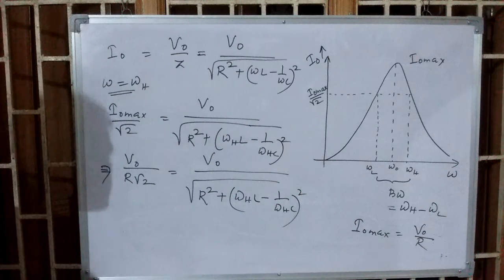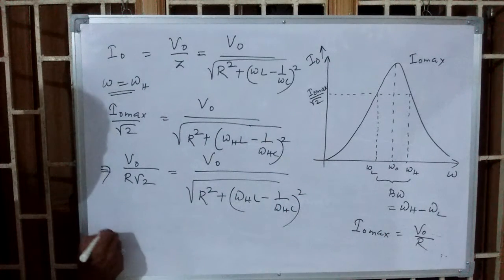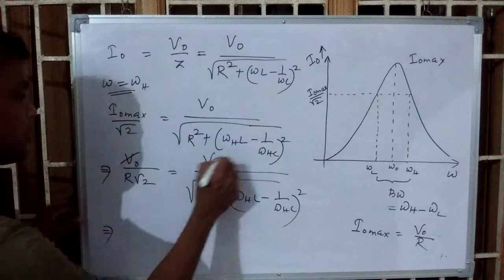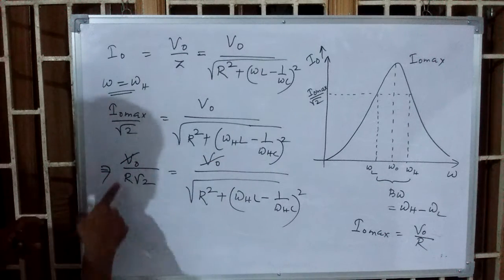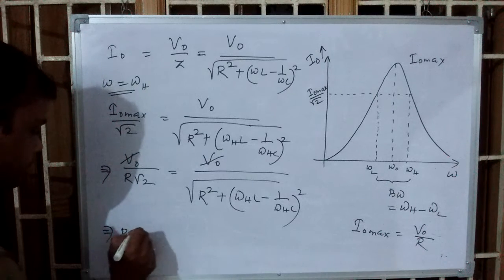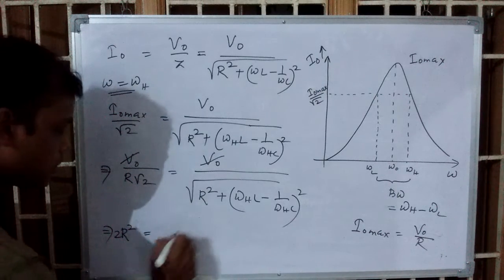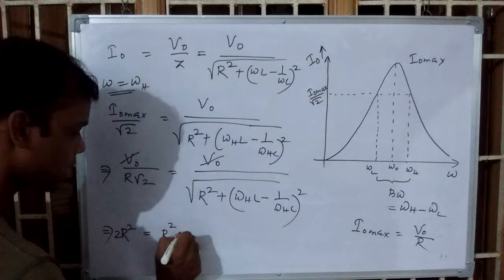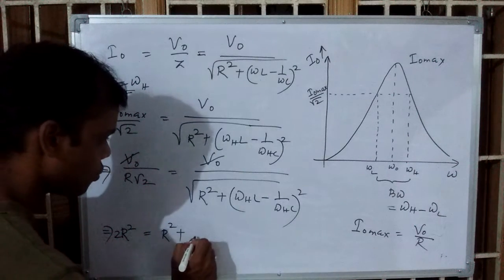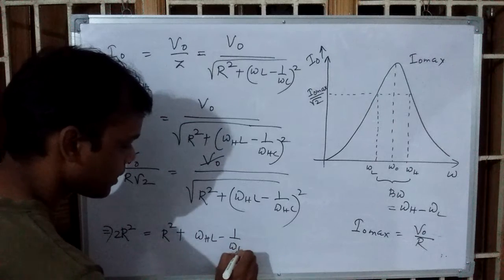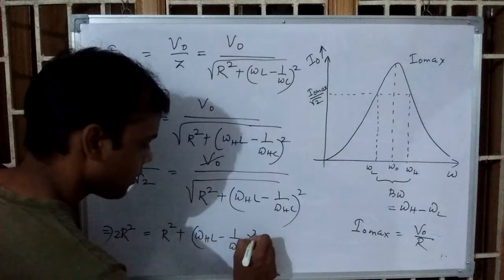Now V naught gets cancelled from both sides. After cancelling V naught, we can square both sides. On the left side it will become 2R square. On the right side it will be R square plus omega h L minus 1 by omega h C whole square.